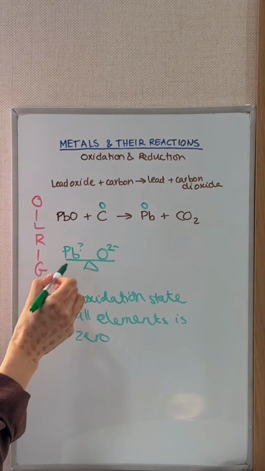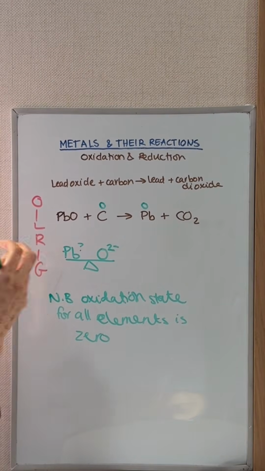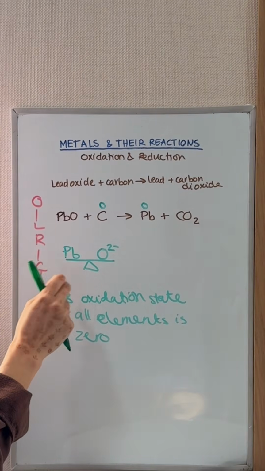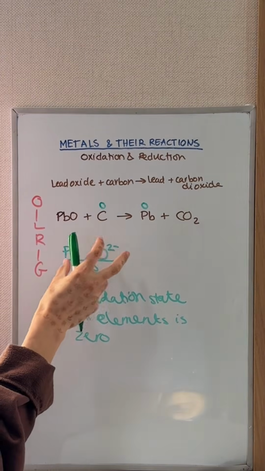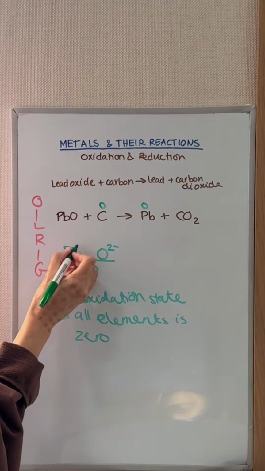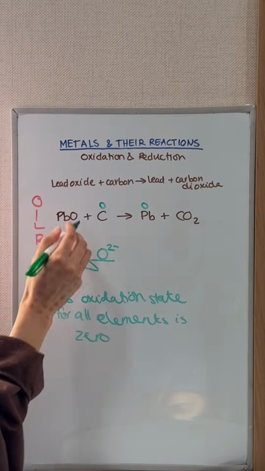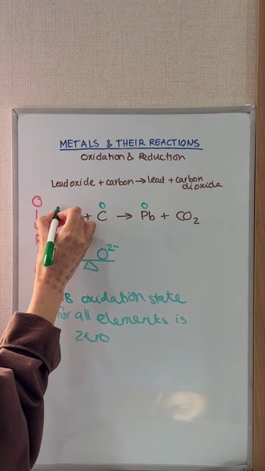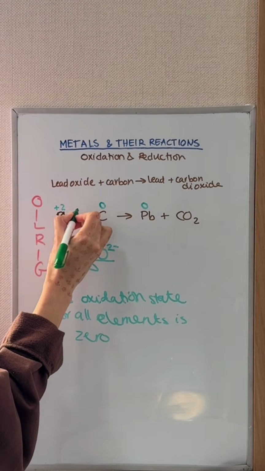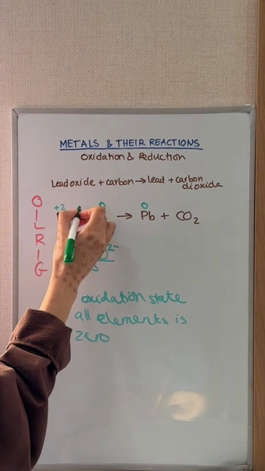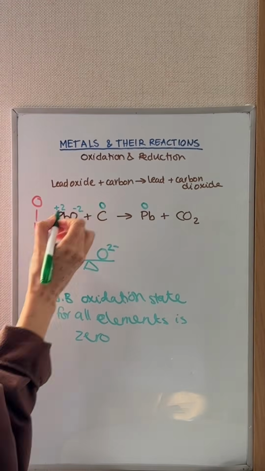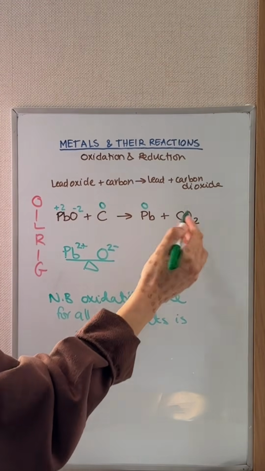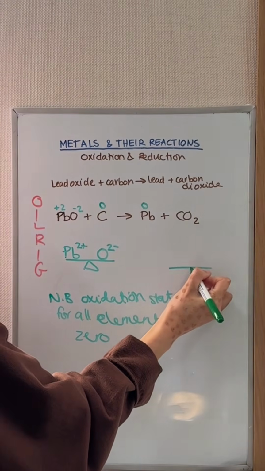If this is 2 minus, I only have one lead atom, one lead ion here. So if this is 2 minus, the charges must cancel out. Overall, lead must be 2 plus. So I can go ahead and write those oxidation states on my equation. So lead is 2 plus, oxygen is minus 2.